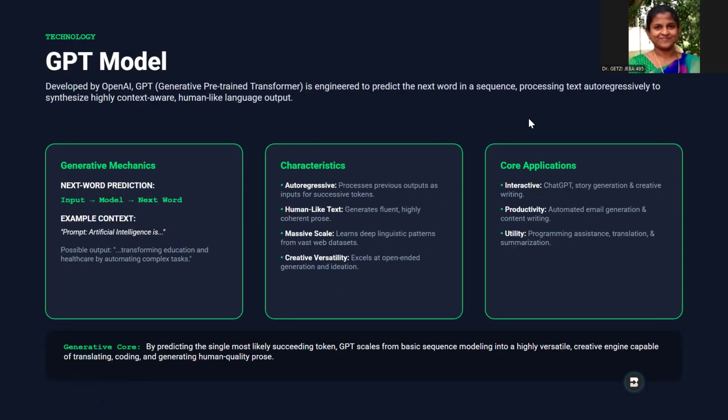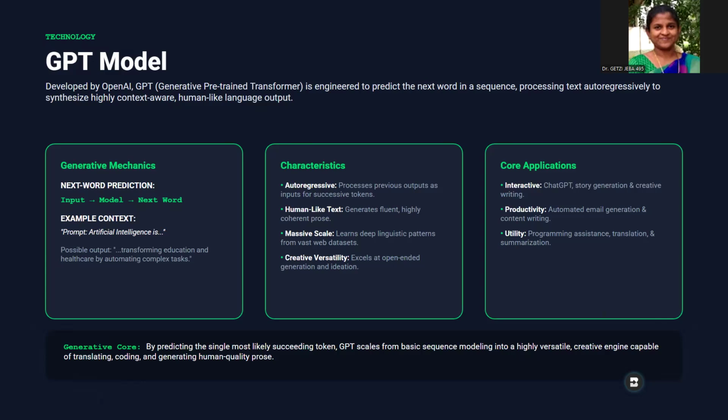Now, coming to the next well-known model, which is widely used nowadays, the GPT model, called Generative Pre-trained Transformers. It predicts the next word in a sequence, processing the text auto-regressively to synthesize highly context-aware, human-like language output. What is not done using the GPT model nowadays?